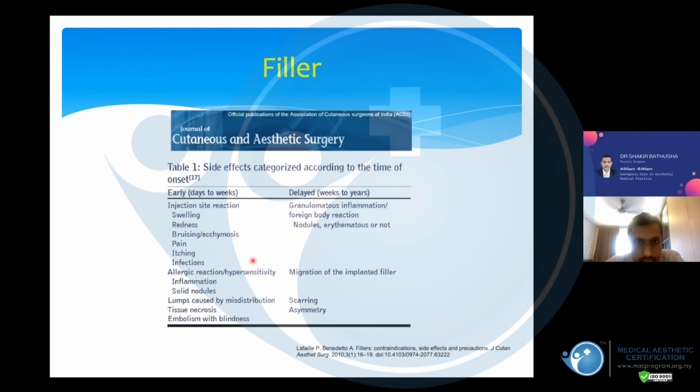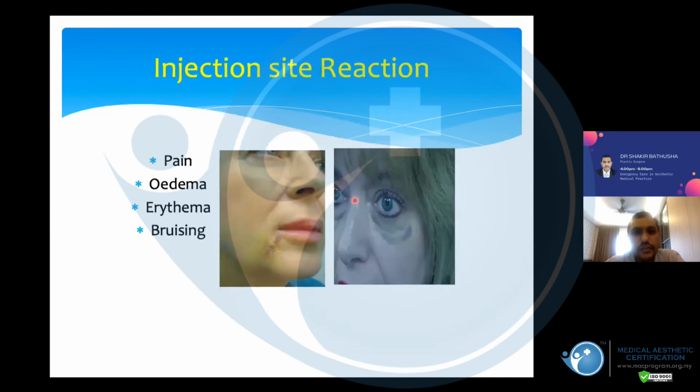This is a journal published in 2010. They give you a nice table of what to look for, early complications and delayed complications. As I mentioned, at the injection site you get pain, edema, erythema, bruising.